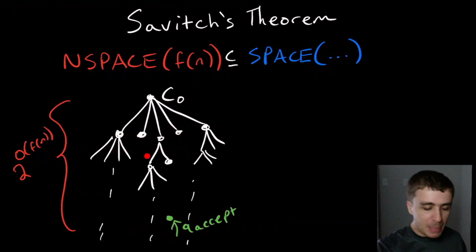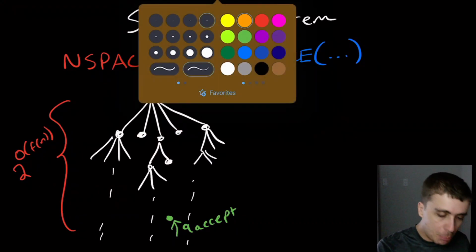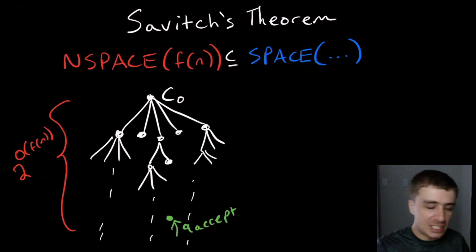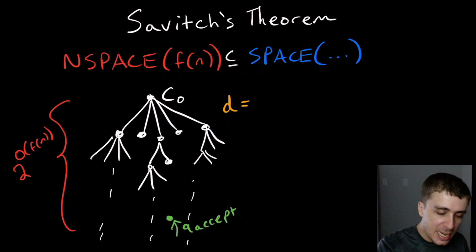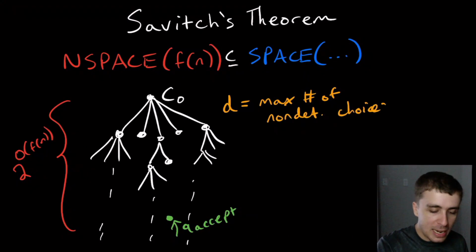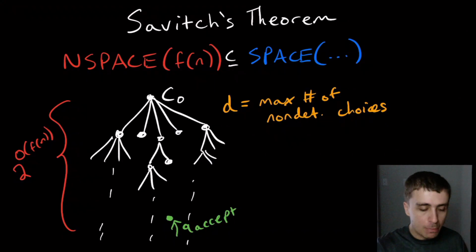So how much space does that use? It depends on how big this branching factor is. Let's say the branching factor, which is the maximum number of things we can do at each point, is d. So let's call d the maximum number of non-deterministic choices we can make at any point throughout the entire machine.